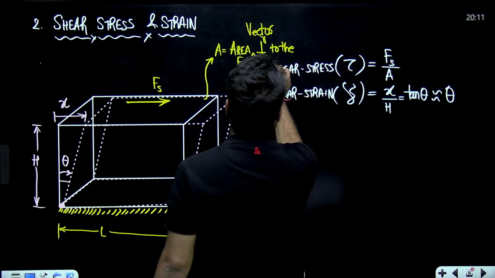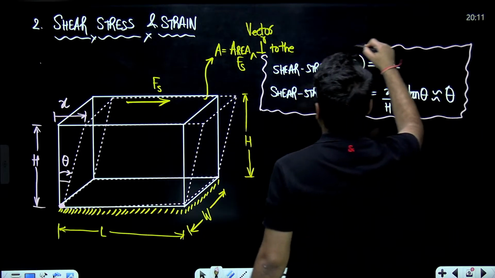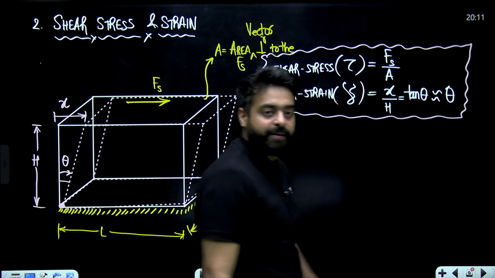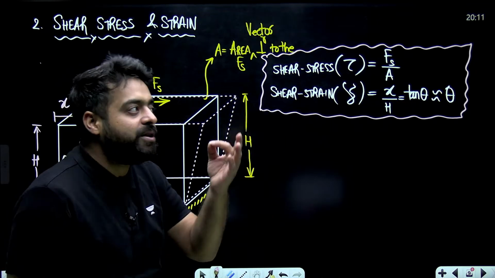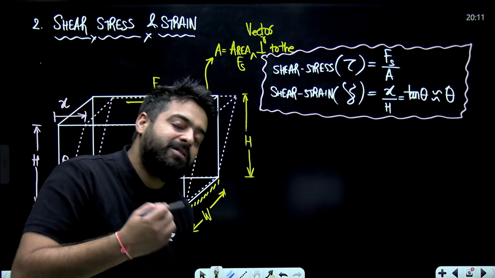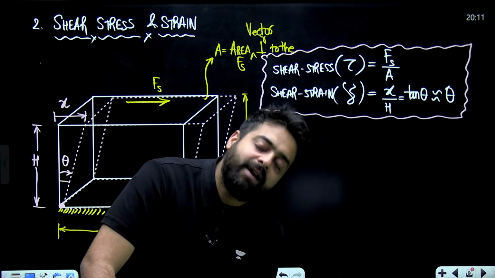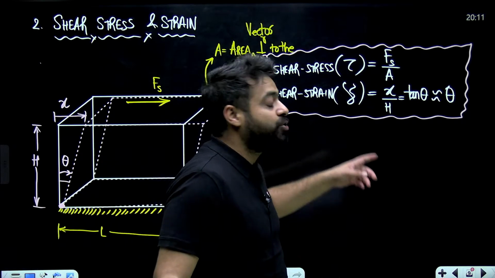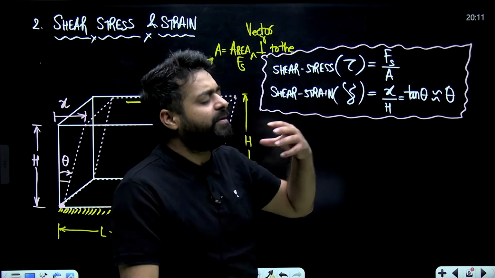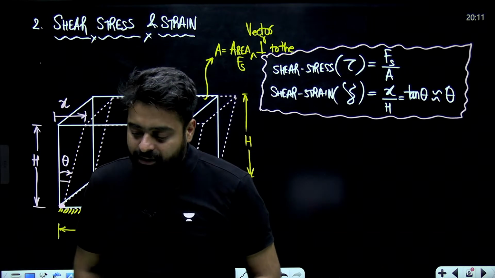That's the beauty of mathematics: if any quantity is very, very small, sin theta becomes theta and cos theta becomes 1, because cos 0 is 1. So if 0.01 degree is there, cos 0.01 degree is also 1, but sin 0.01 degree is not 0. When theta is very, very small, sin theta is equal to theta only. Just put it as theta.